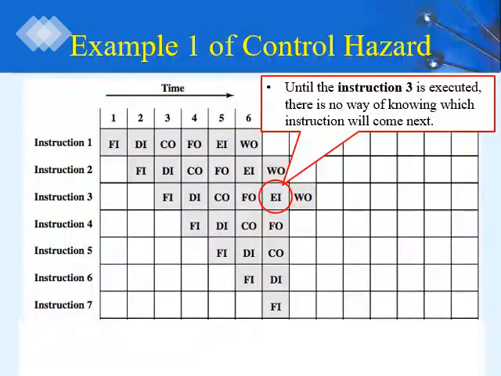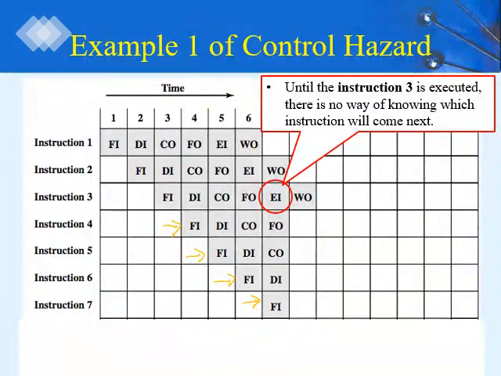So that means pipelining is happening. Instruction 4 comes in here, 5 comes in here, even 6, and 7, instruction 7 fetch instruction happening there. So when do we know that branching is happening?